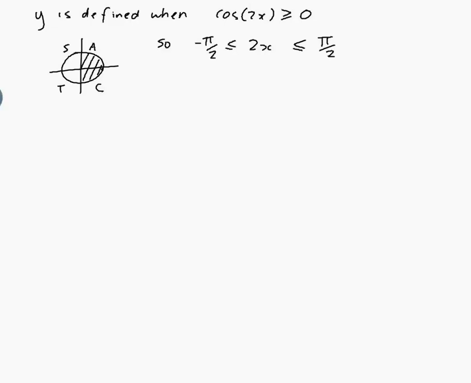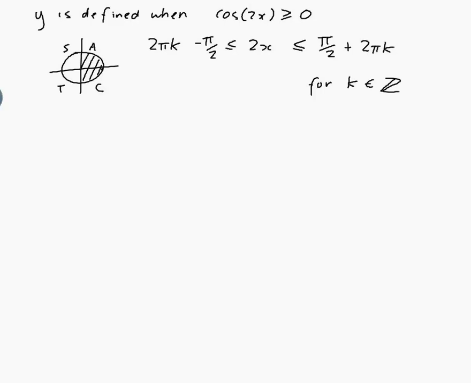Only, of course, if I went round another 2 pi, or any multiple of 2 pi, I'd be in the same place again, and so cos of 2x would still be positive. So I should add on some multiples of 2 pi, so 2 pi k and a 2 pi k here for k an integer. So k is in Z.